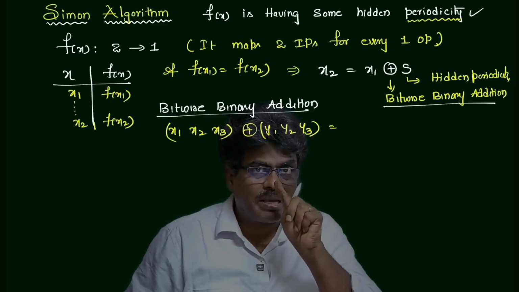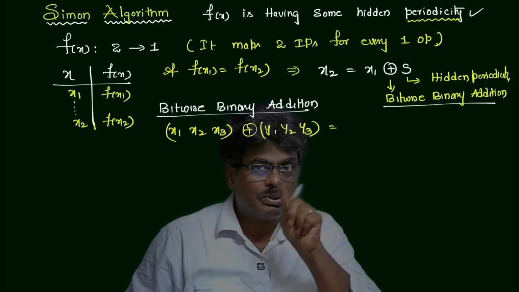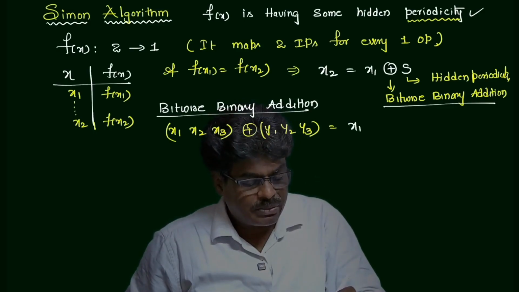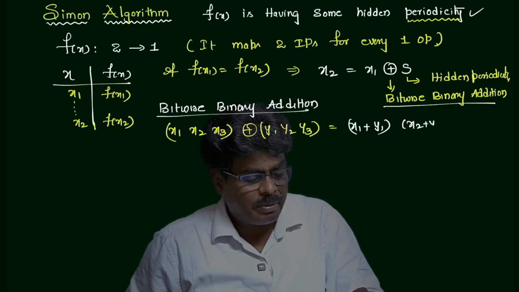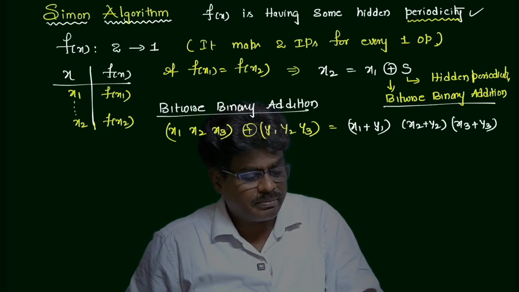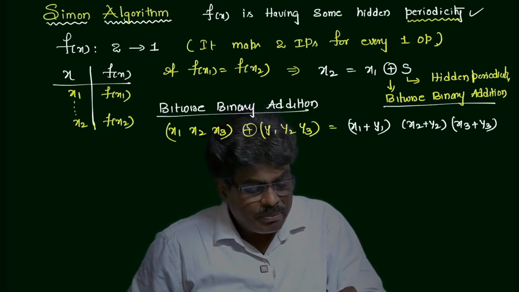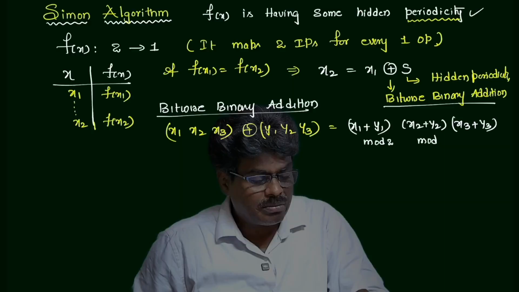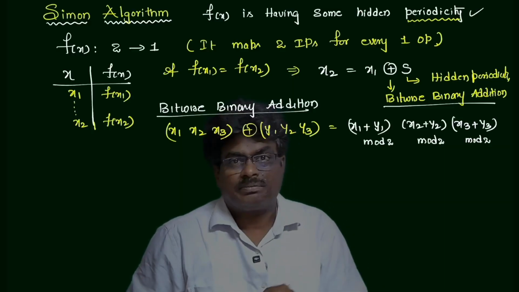That means if you take x1, you have to take y1. You should not add y2. That is called bitwise. So x1 plus y1, x2 plus y2, x3 plus y3, and each one you take modulo 2 operation separately.